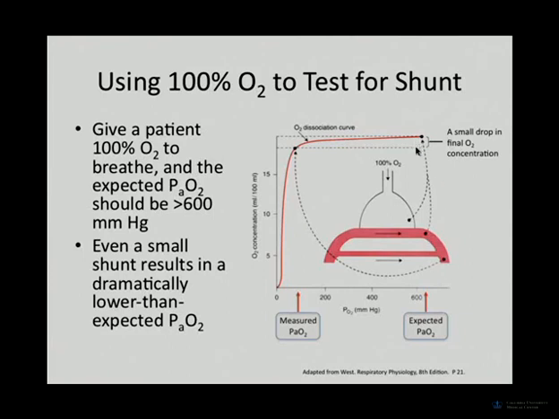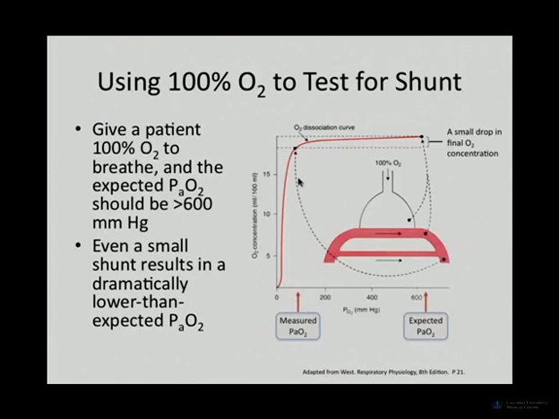Even if it causes the desaturation of just a couple percentage points, you see the PaO2, which is on this x-axis, drops all the way. So very tiny shunt dropping the saturation just a tiny little bit will drop your PaO2 from what you expect it to be in the many, many hundreds down to under 200 in this example.